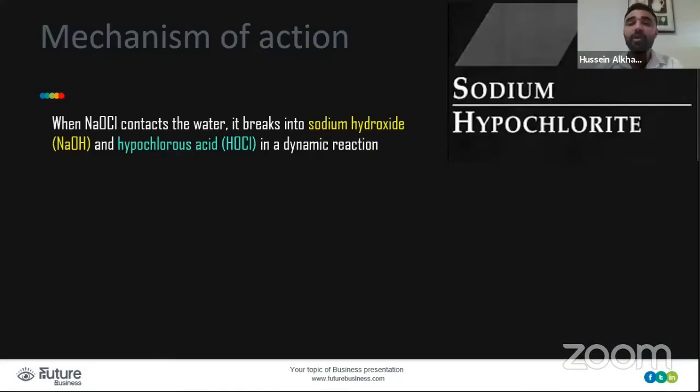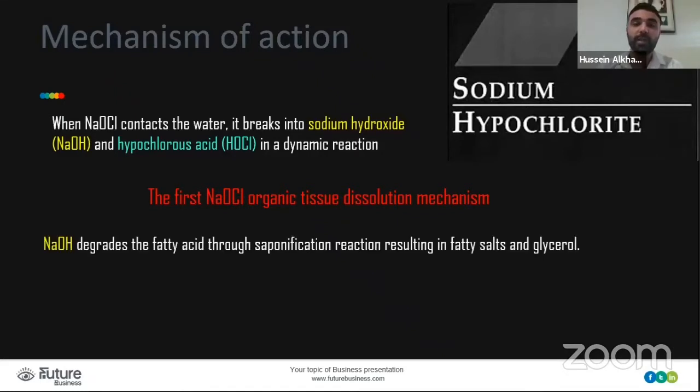Now, how does sodium hypochlorite perform its job? When sodium hypochlorite contacts water, it breaks into sodium hydroxide and hypochlorous acid in a dynamic reaction. The first mechanism of organic tissue dissolution is known as a saponification reaction.